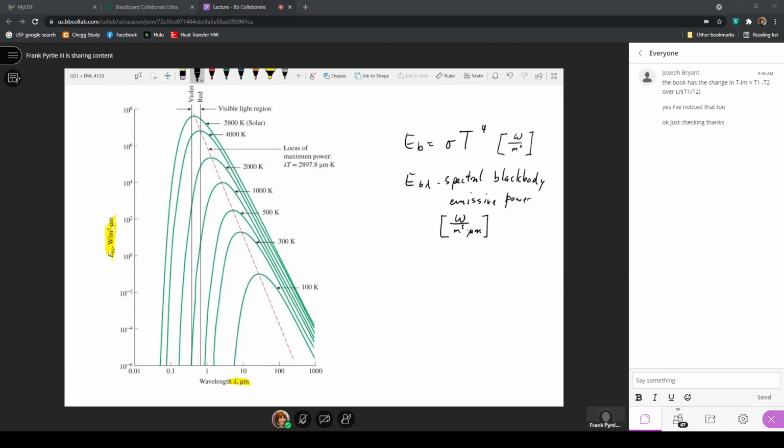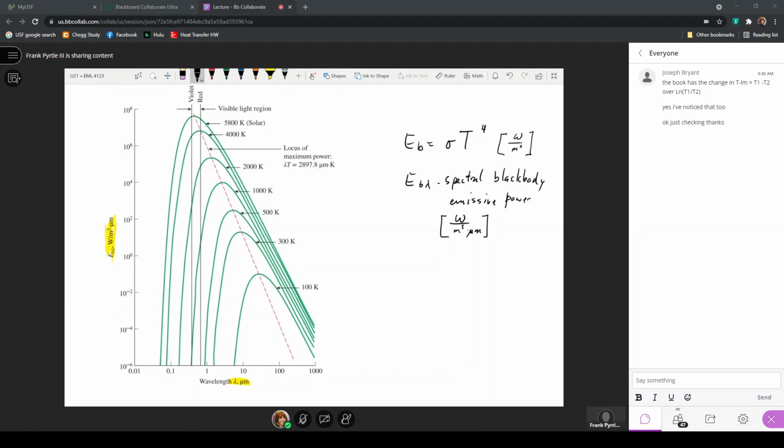Each one of these lines is for a constant temperature condition, so that the area under the curve for 100 Kelvin compared to the area under the curve for 5,800 Kelvin is related through the temperature, in that the area under each of these curves is the Stefan Boltzmann constant times that temperature raised to the fourth power.